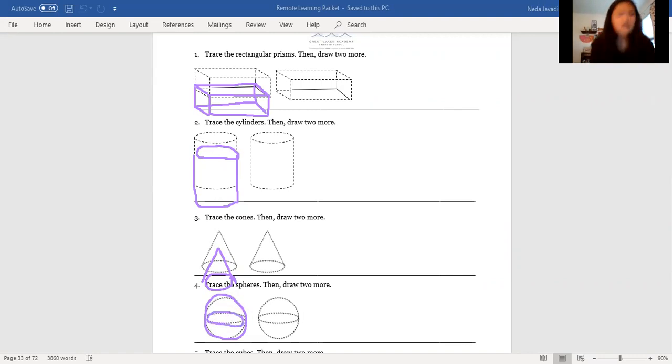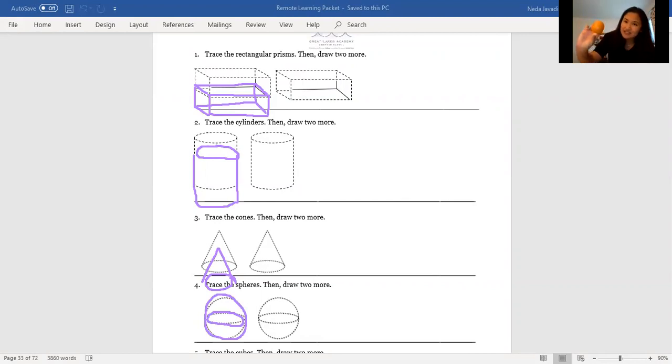So when you look at a sphere like this one in real life, you don't really see a line in the middle of it, like how we have it in our picture, but that line on the picture is just to show that it's a three-dimensional shape and not just a regular circle.